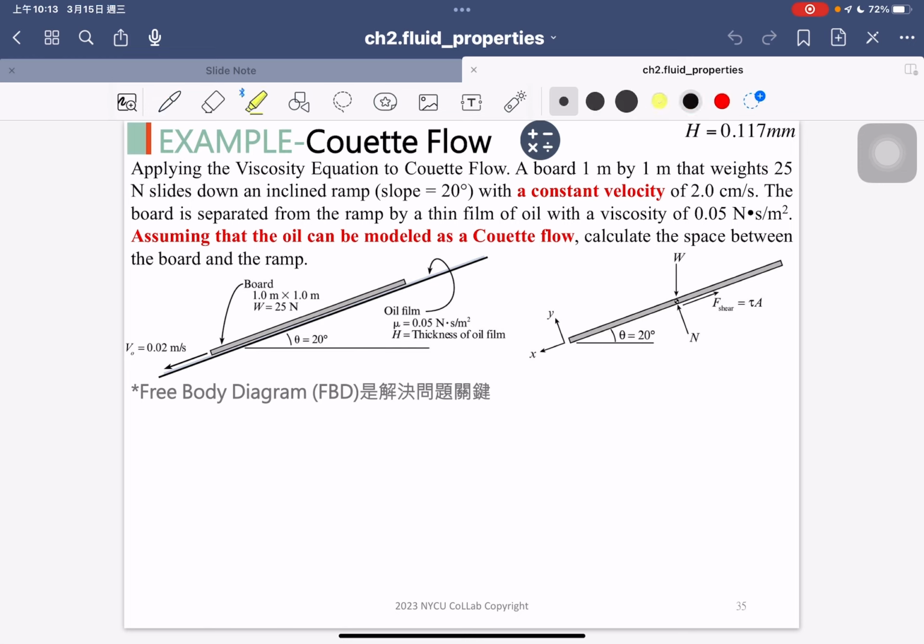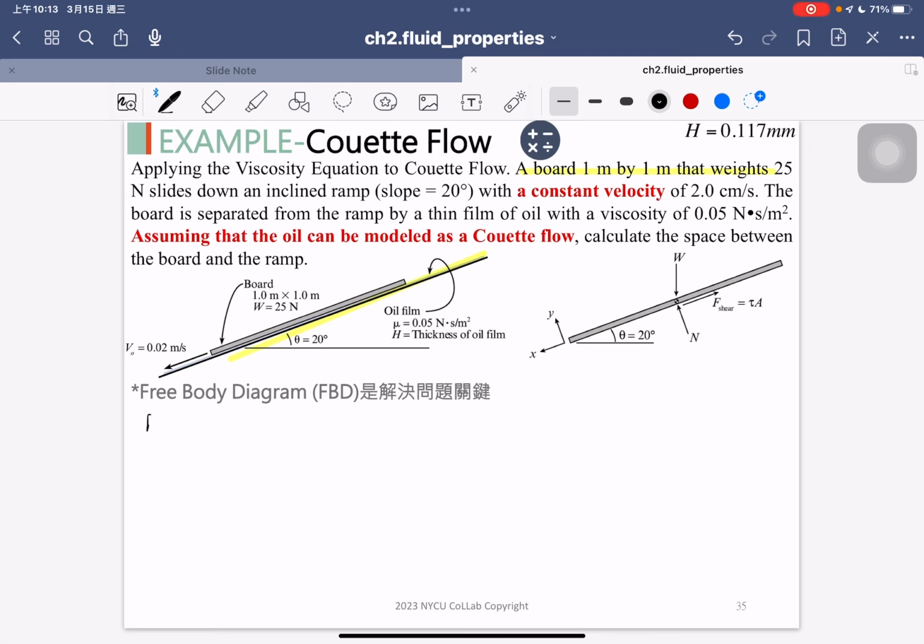First, you see a plate. We have the plate. It's a 1 by 1 meter square area, and put on the incline table, and the incline table with the theta showing here is 20 degrees. So for these problems, we write down some information we already know.